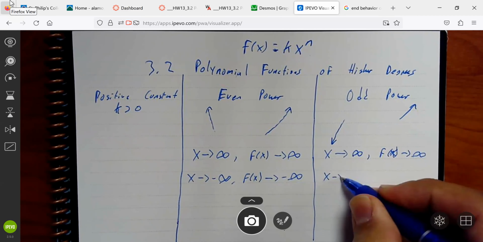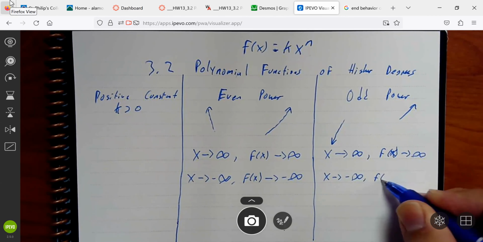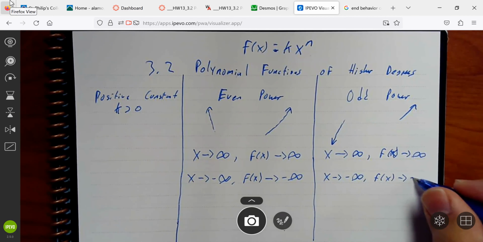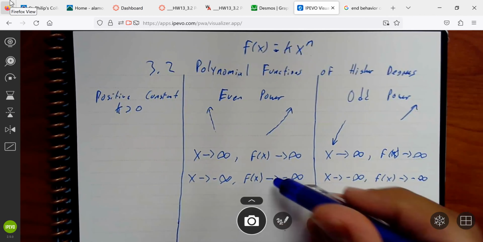When x goes to negative infinity, f of x goes to, same deal. This one was wrong, my bad.